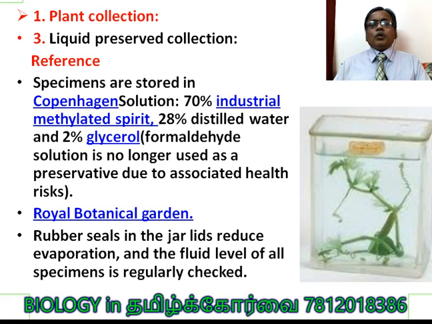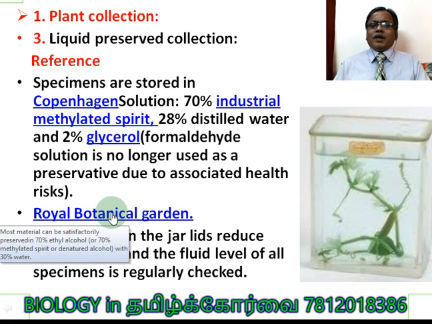In those days we were using formaldehyde, but nowadays, because formaldehyde causes a lot of health risk, we are not using it, right? In the Royal Botanical Garden, they straight away use 70% ethyl alcohol, or 70% methylated spirit or denatured alcohol, with 30% water. That's all. From my reference, I am able to get this from their website.